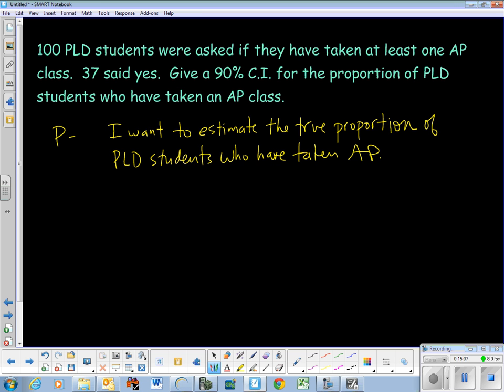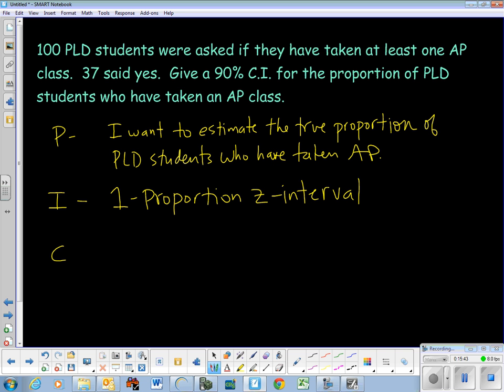Next, the I. What interval am I going to be doing? I'm going to be doing a one proportion Z interval. All right. We'll talk about comparing two proportions later, like how's the difference in percentage of young students versus Kennedys who pass the test, which is obvious. But right now it's just one proportion. There's one number I'm trying to sum up, and there it is.